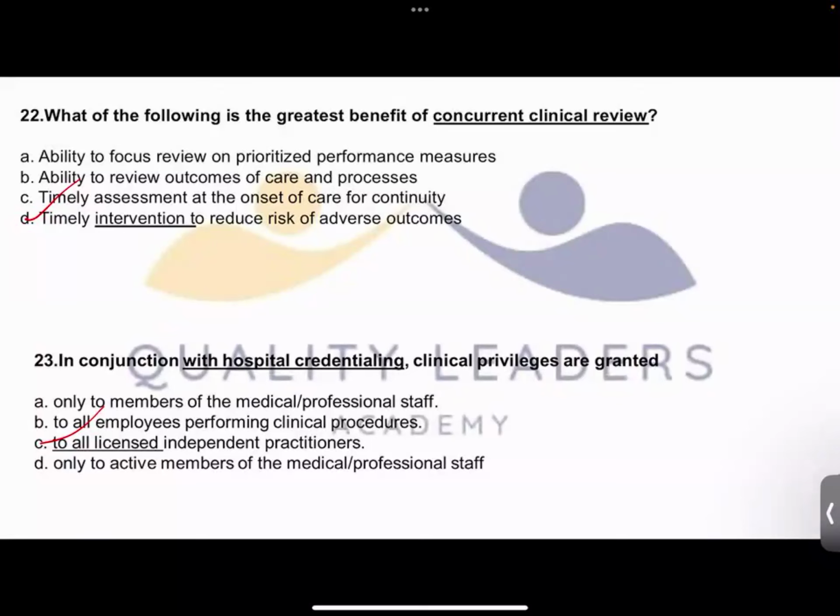Why not letter B? This is also incorrect because not all employees, like nurses, are eligible for the clinical privileges, which are reserved for the licensed independent practitioners. Why not letter D? Privileges are not restricted to active members, but include all credentialed licensed practitioners.